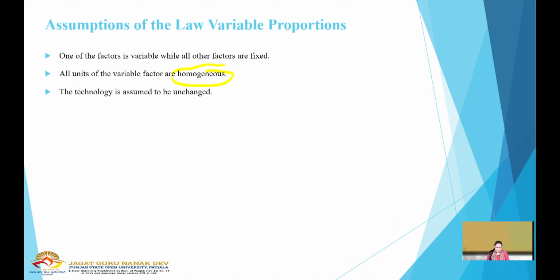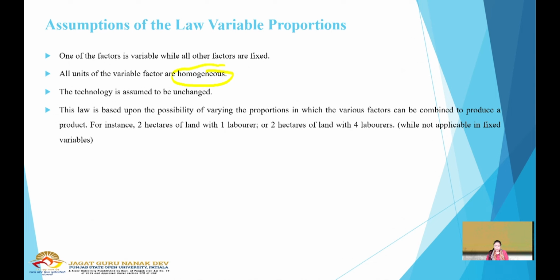Next, technology is assumed to be unchanged. Next, this law is based upon the possibility of varying the proportions in which the variable factors can be combined to produce a product. For instance, 2 hectares of land with 1 labor or 2 hectares of land with 4 labor.